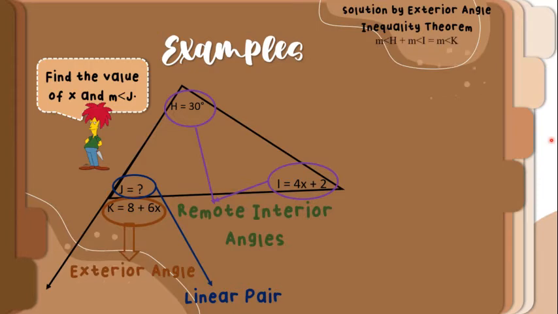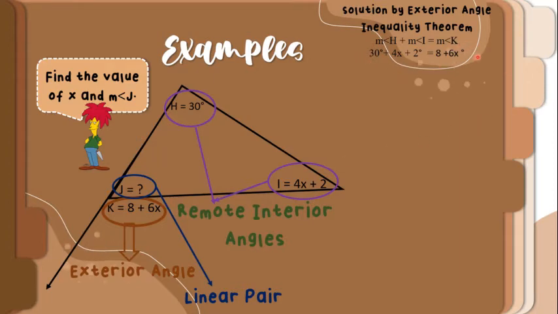Now we have here the formula. Measurement of H plus the measurement of angle I is equal to the measurement of angle K. Now, after having this formula, let us substitute their values. Yes, they all have the values. H is 30 degrees, I is equal to 4x plus 2 degrees, and K is 8 plus 6x degrees.